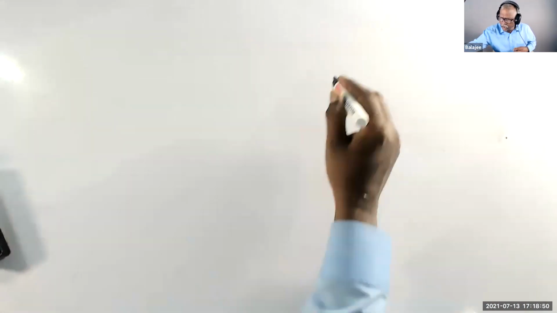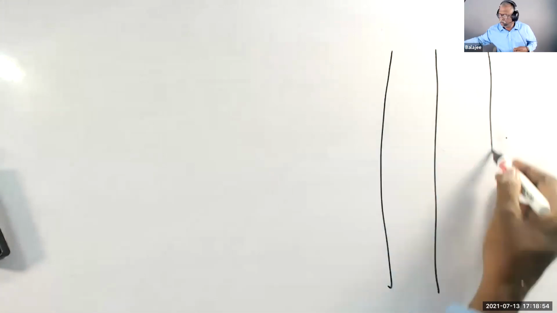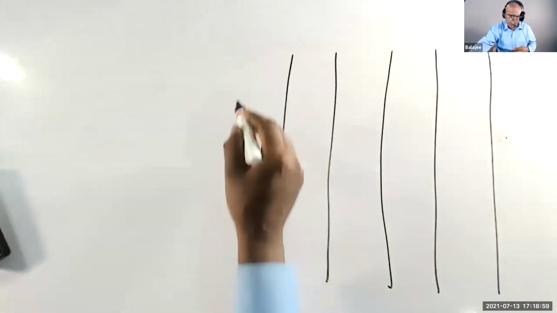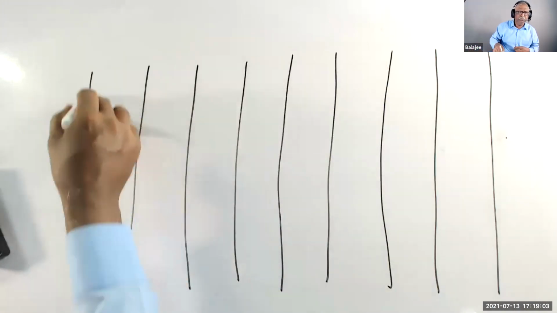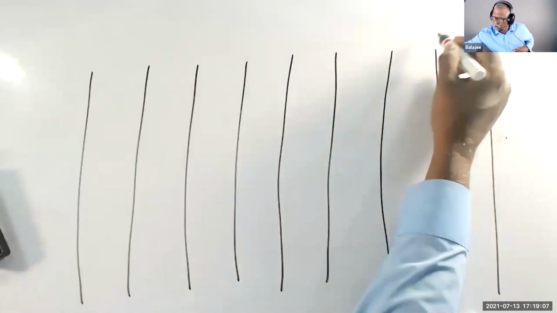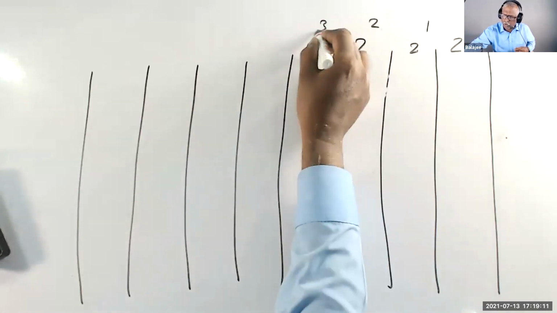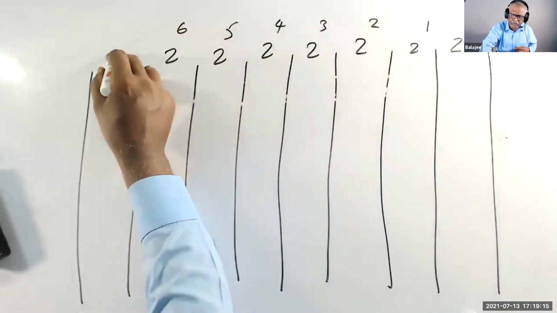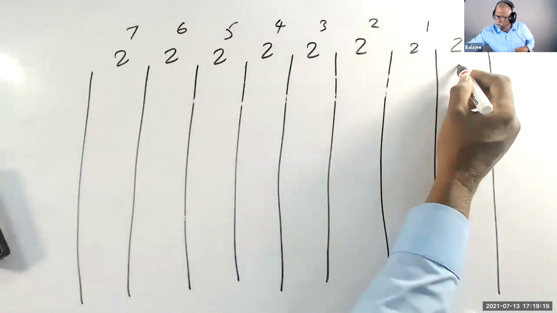Have 8 rows. Then this is, let us say, 2 power 0, 2 power 1, 2 square, 2 cube, 2 power 4, 2 power 5, 2 power 6, 2 power 7.